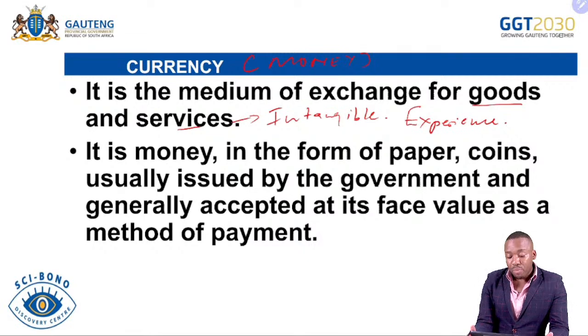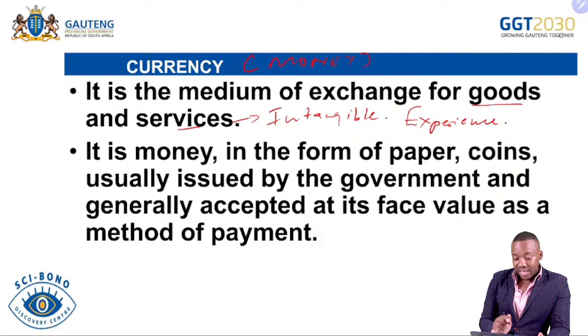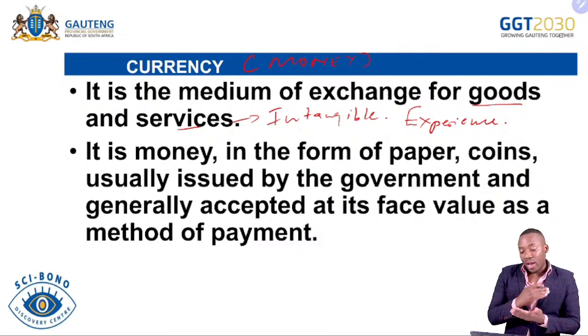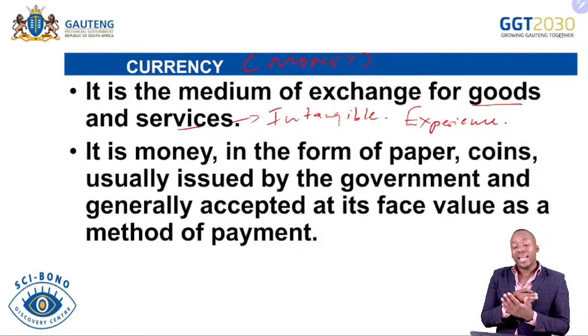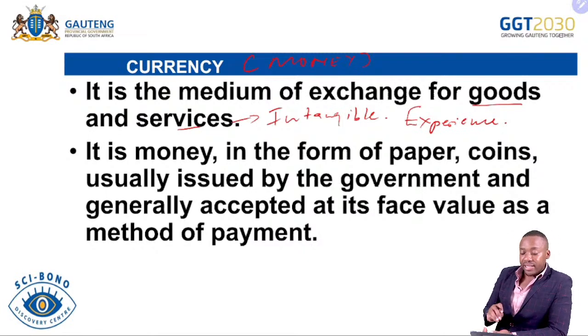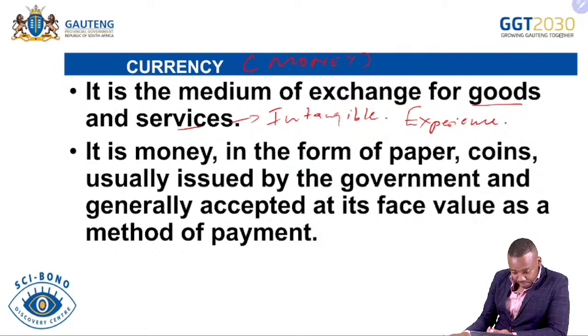Or when you order your meal and it is delivered late, you are going to be frustrated. That is part of service. Hence we are saying service is an experience. So currency is a medium of exchange for goods and services. They serve you food, then you pay them in exchange for that particular service.